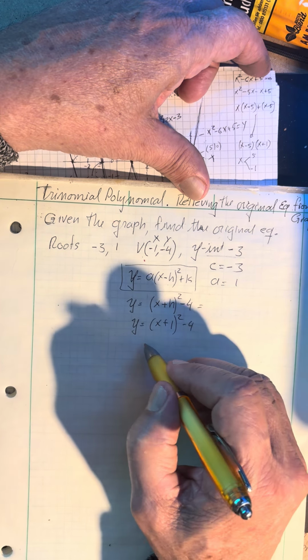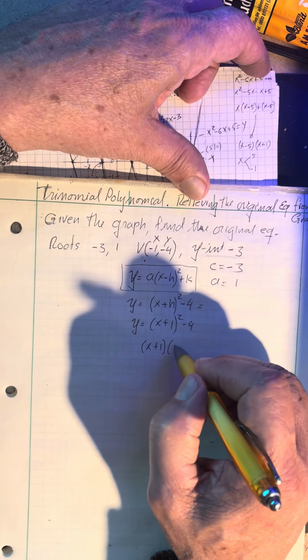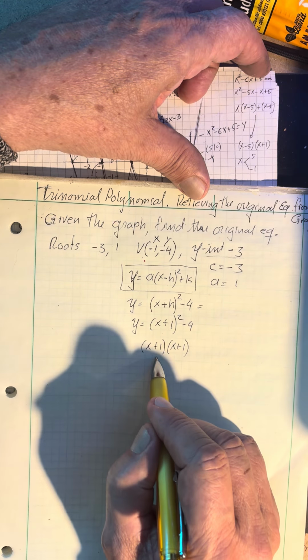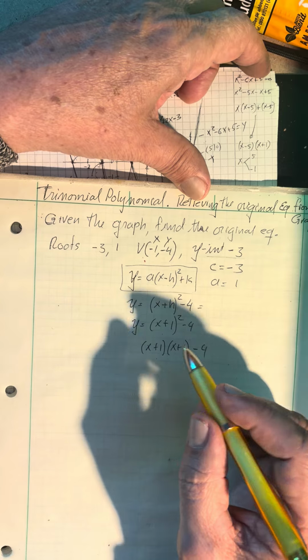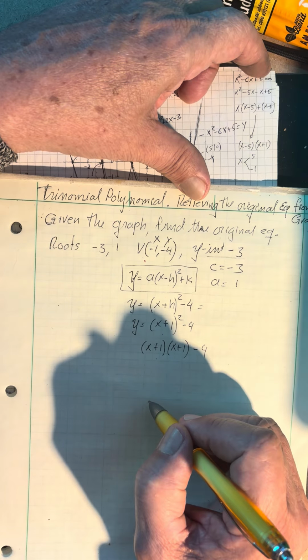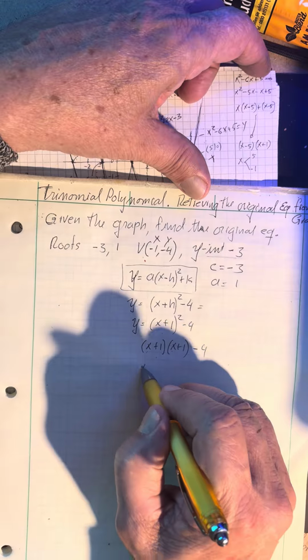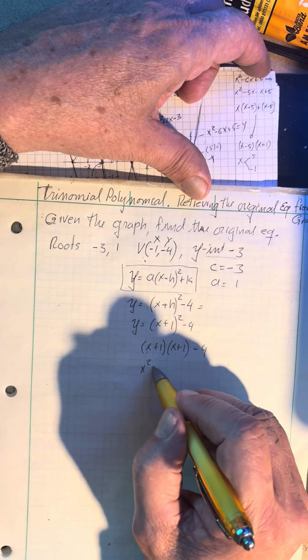So if we write this as this, we should find our equation. x times x is x squared. x times 1 is x.